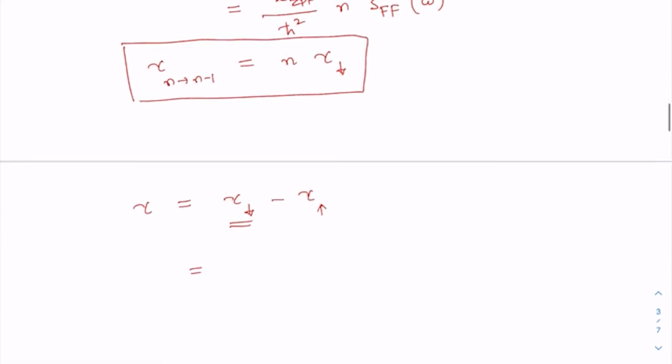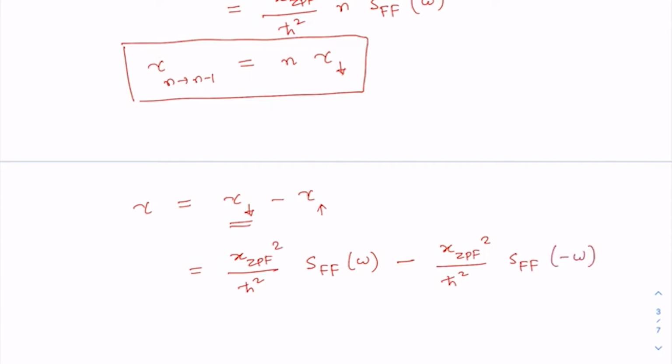So therefore if I put it, I will have here x zero point fluctuation square by h square SFF at omega minus gamma up, which is x zero point fluctuation square by h square SFF evaluated at minus omega.